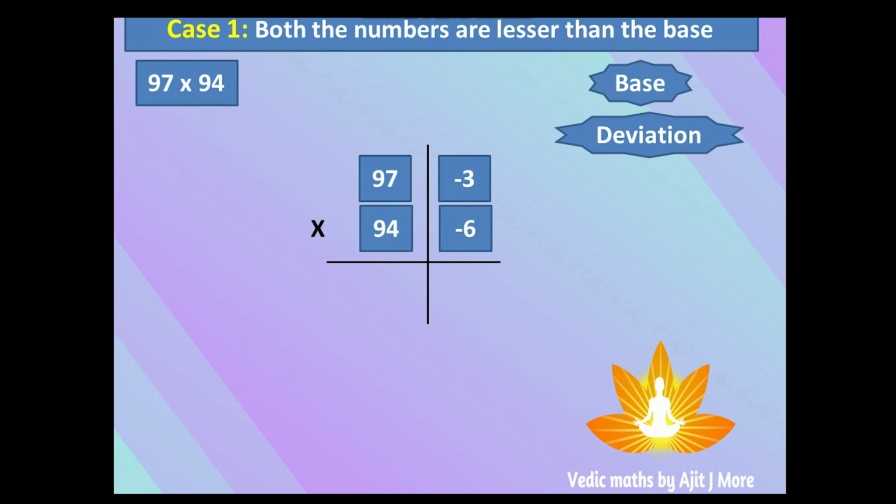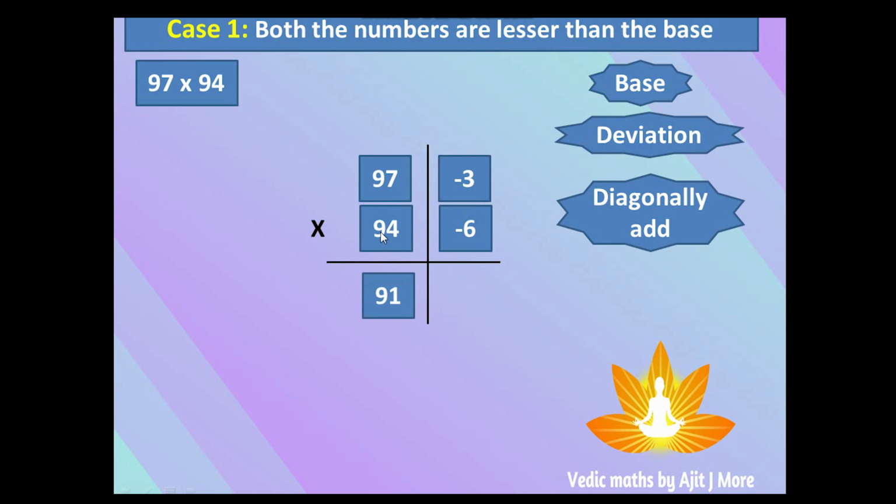Now your solution is of two parts. First part, as I said, crosswise or diagonally add. If you add 97 with minus 6, it is 91, and 94 minus 3 is still 91. So after adding diagonally, you'll get 91.